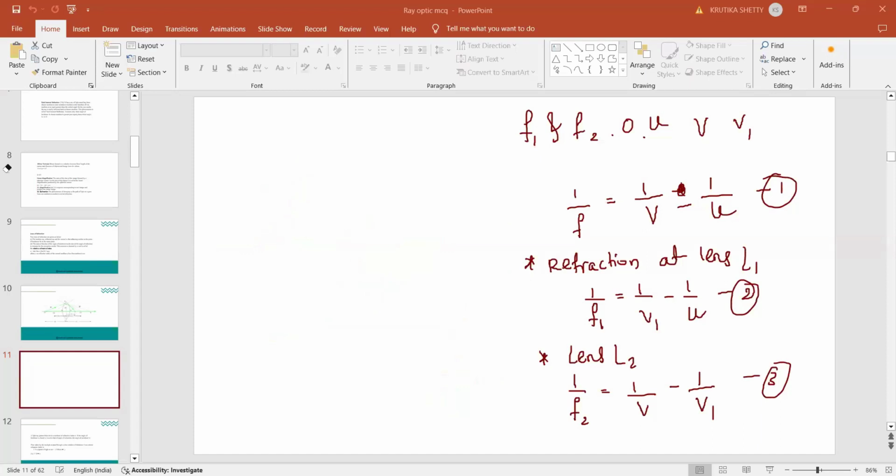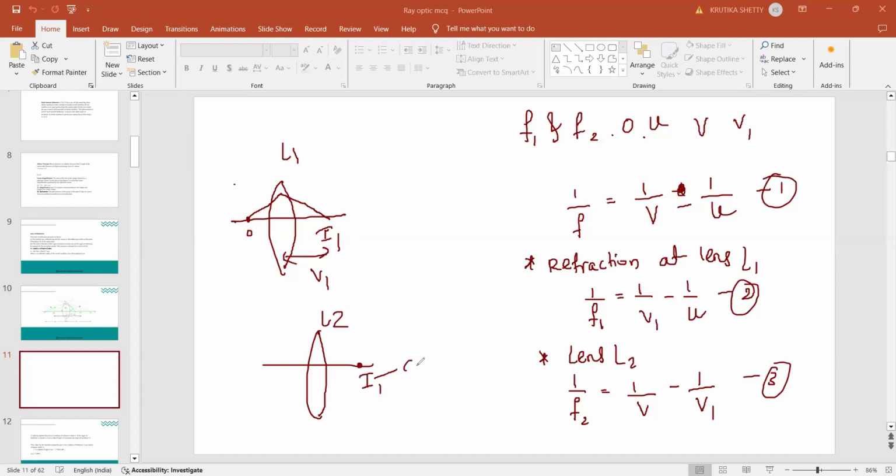First we consider the first lens L1: O is the object and the image is formed at I1, at a distance of V1. Next we consider the second lens L2. I1 acts as the object for L2 and the image is formed at I. So the object distance is V1 and the image distance is V. That is your equation 2 and 3.